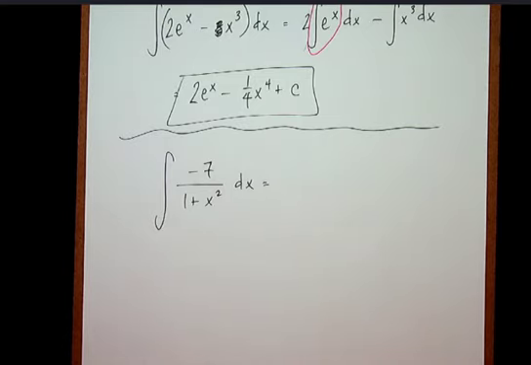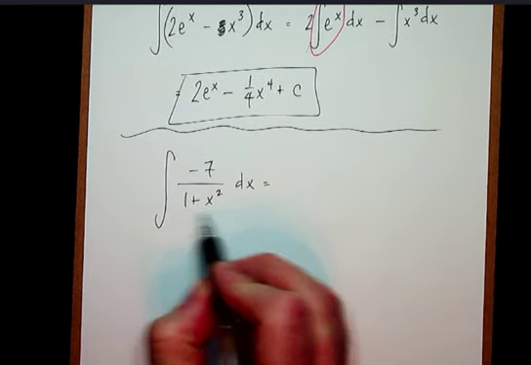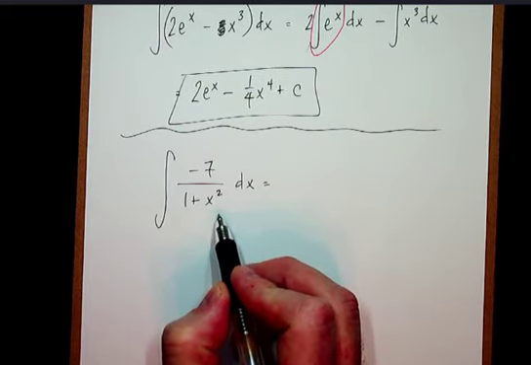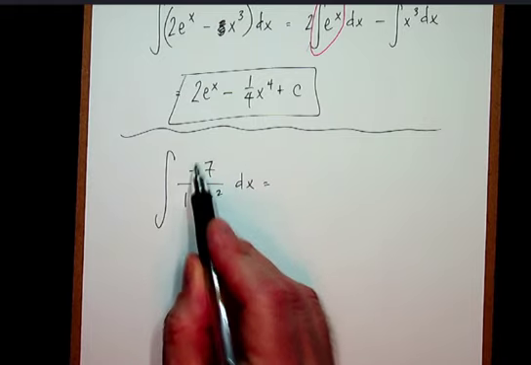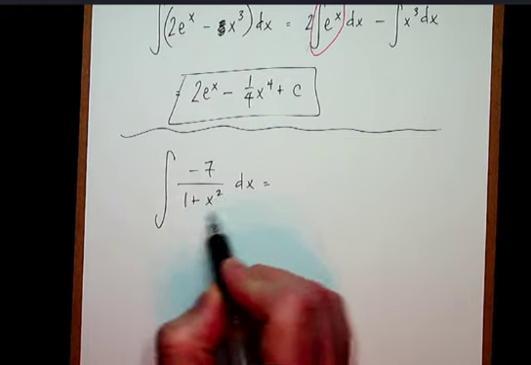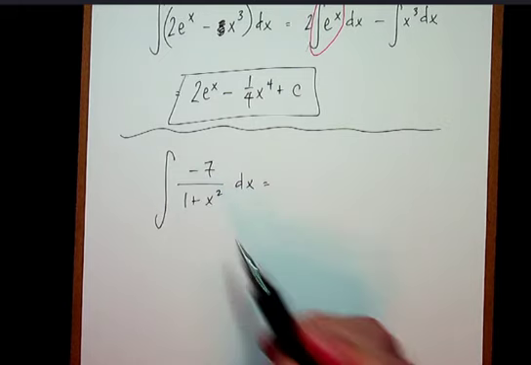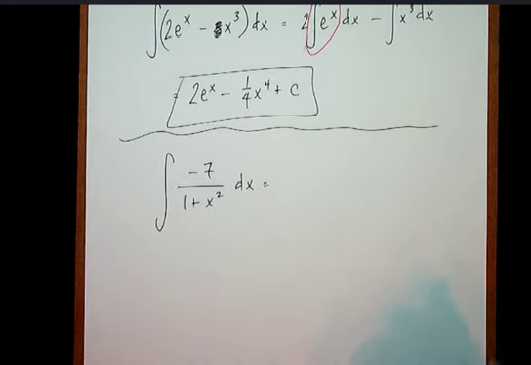Okay. The second is, is this a natural log? Is what's in the integrand right here the derivative of a natural log function? And for that to be the case, the numerator would have to have an x in it, because the derivative of the denominator would need to reside within the numerator, and that's not the case. The next reasonable assumption we can make is that it might be inverse trig.